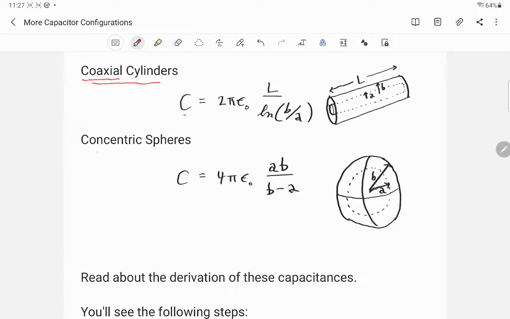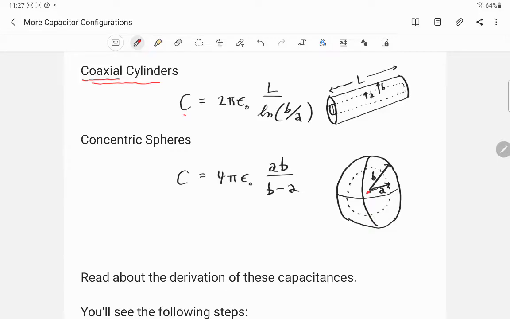The other capacitor configuration of two separate conductors is the concentric spheres. So you have an inner sphere, which I've drawn as a dotted line, and it's got a center right here. And you have this outer sphere, which is drawn with a solid black line. They have two different radii.